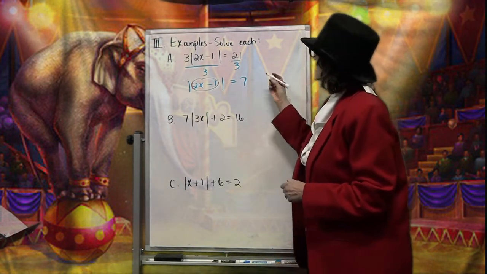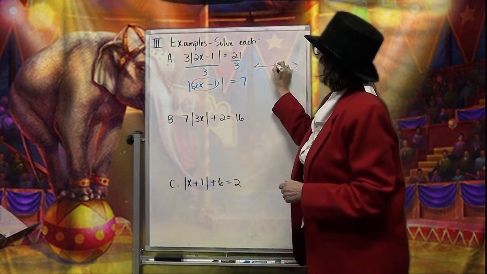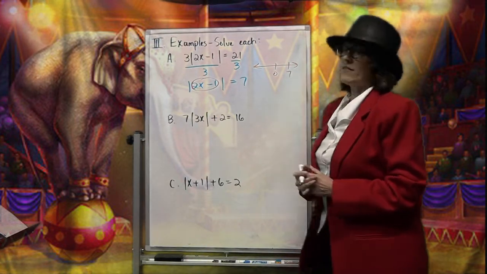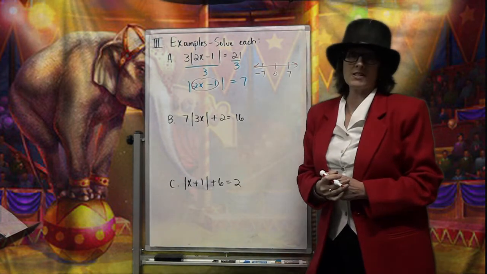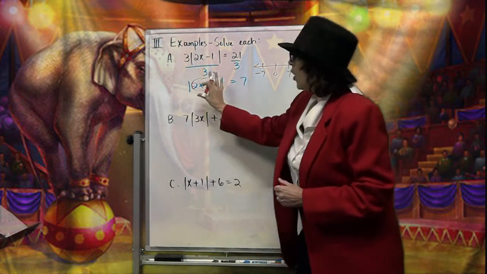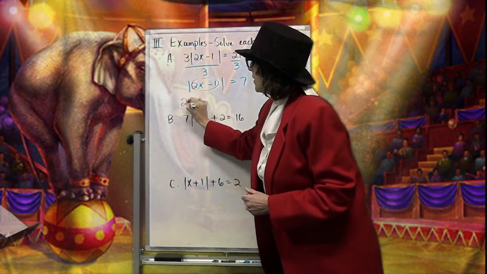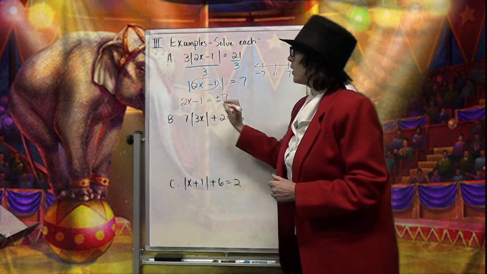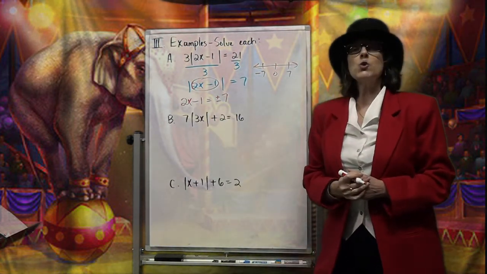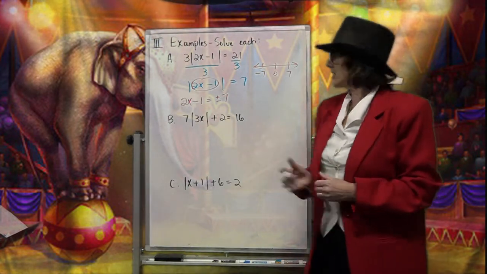So as I look at this number line, I'm going to say, okay, this would have a distance of 7, but this as well would have a distance of 7. So in other words, all this stuff in here, that 2x minus 1, it could be a 7 or it could be a negative 7. So I have two equations that I need to solve.